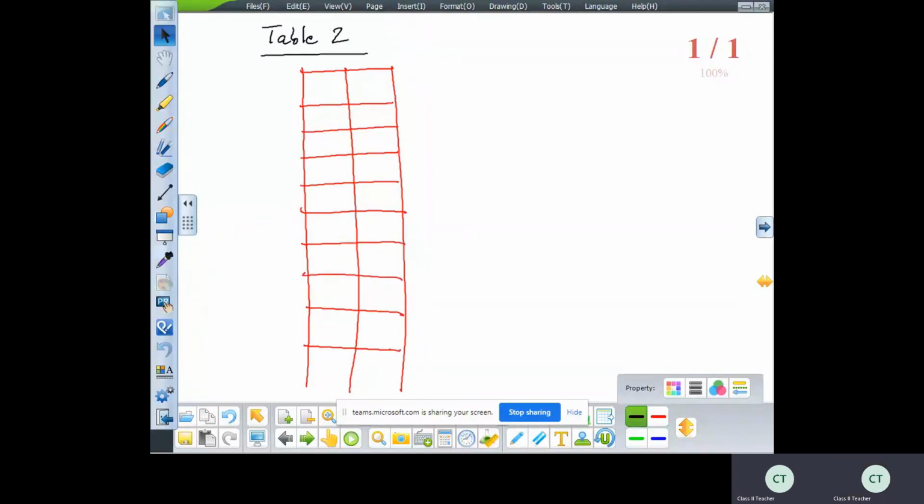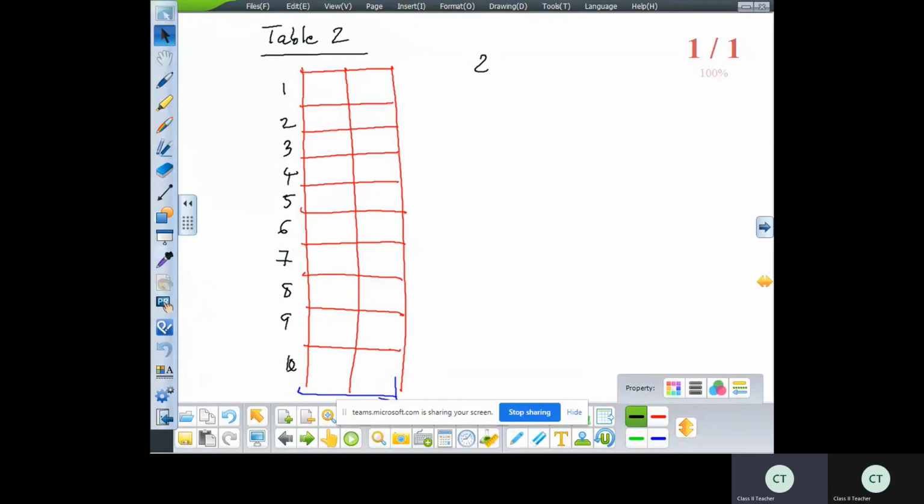Now write numbers 1, 2, 3, 4, 5, 6, 7, 8, 9, 10. Two tables.